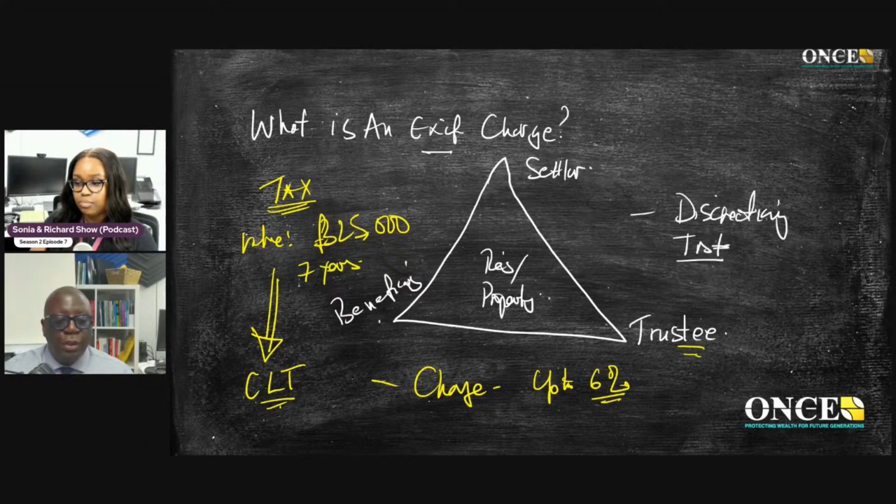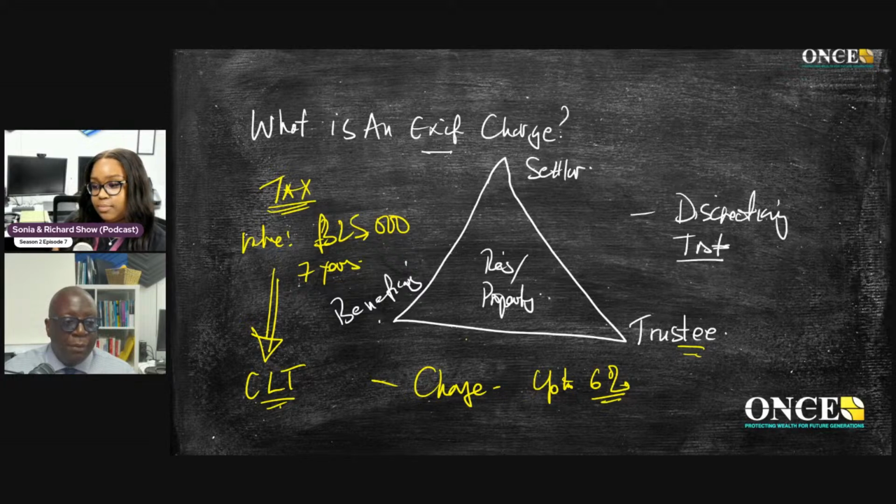We're talking about this because this is the stuff that people just don't really know. There are a lot of people out there who sell trusts but don't give the advice. We're not giving you advice on this live training, we're just informing you. So that's an exit charge. If the value of the trust exceeds 325,000, you're going to get up to a 6% charge.